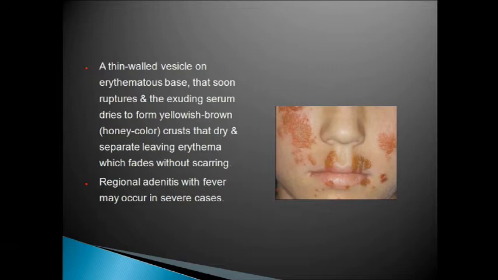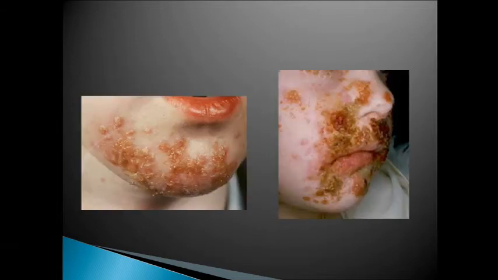In cases of severe infection, suppose impetigo is quite extensive. See, in this child the impetigo is quite extensive, affecting a large part of the face. So it may affect the local lymph nodes. Local lymphadenitis can be present, along with signs of systemic infection like fever and swelling of the face.